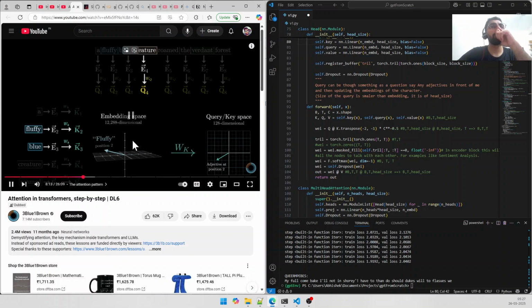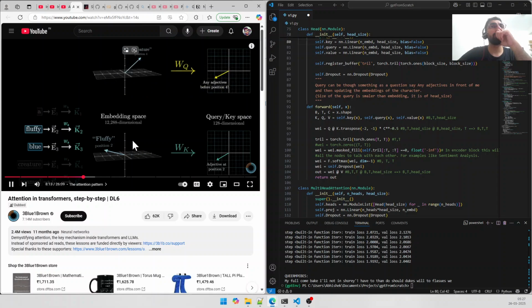You think of the keys as matching the queries whenever they closely align with each other. In our example, you would imagine that the key matrix maps the adjectives, like fluffy and blue, to vectors that are closely aligned with the query produced by the word.